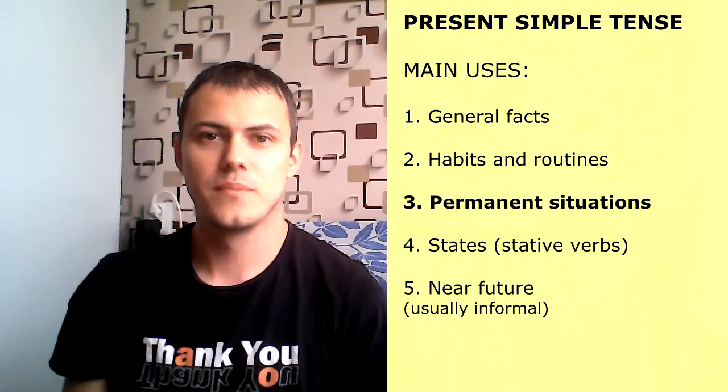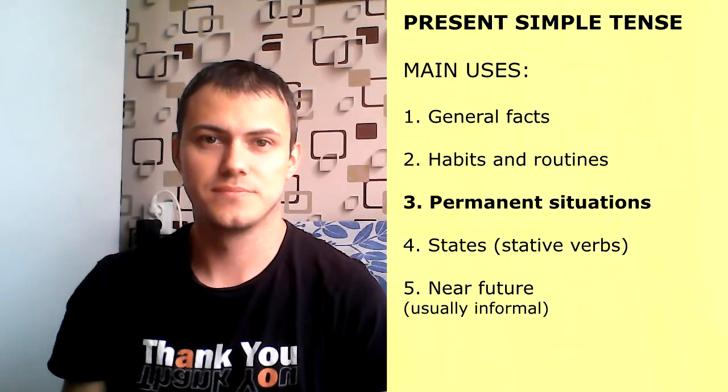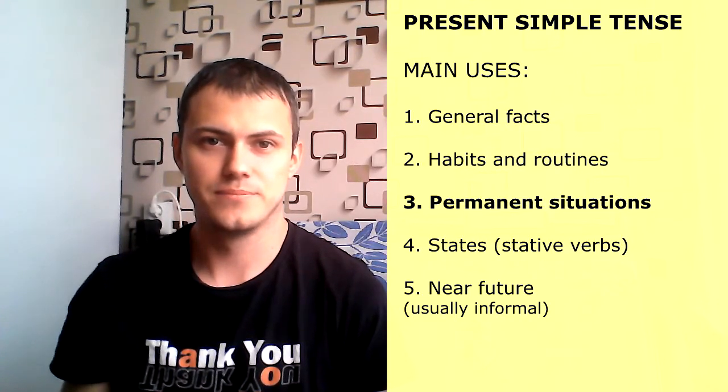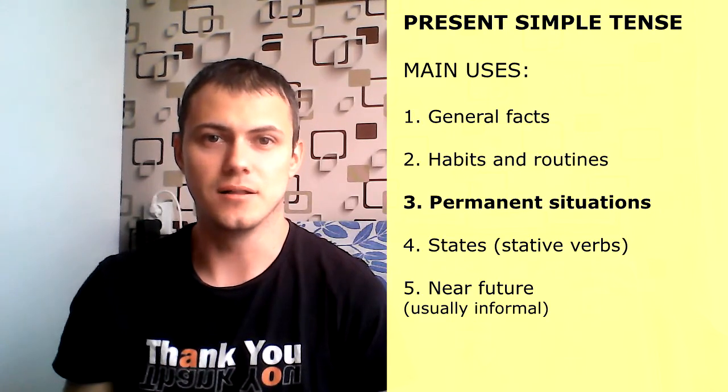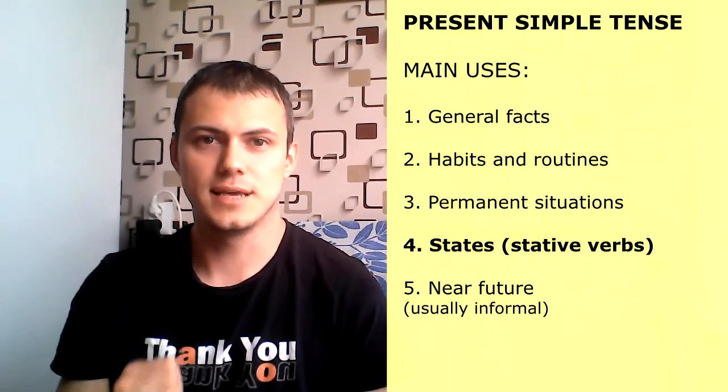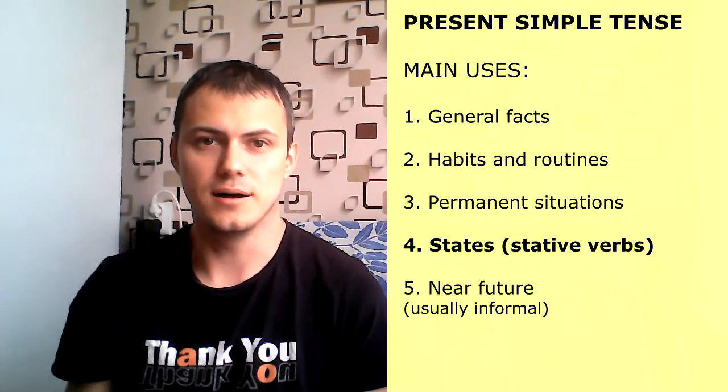Third, permanent situations. Daniel lives in Arizona. Does Daniel live in Russia? No, Daniel lives in Arizona. Fourth, stative verbs. Maria likes Daniel.